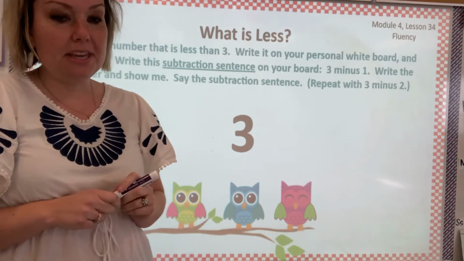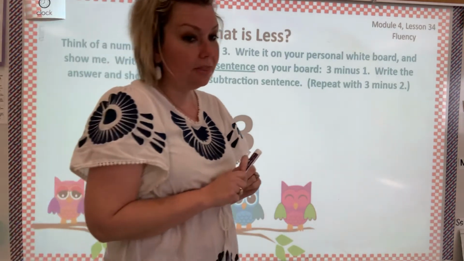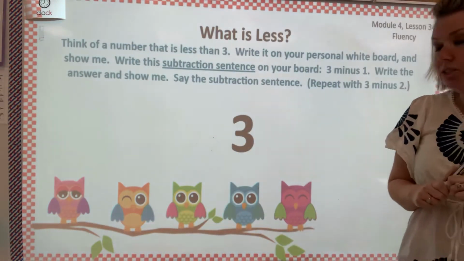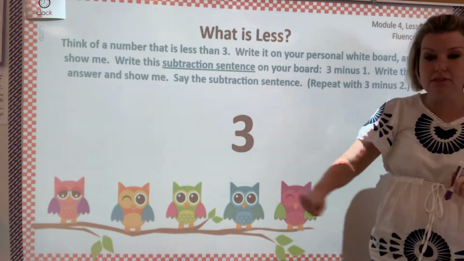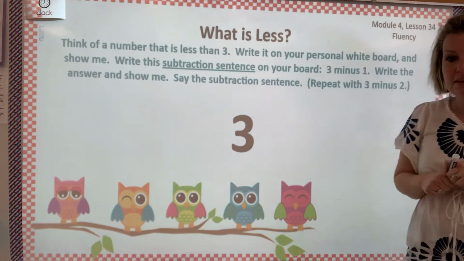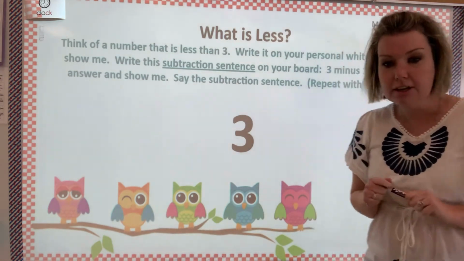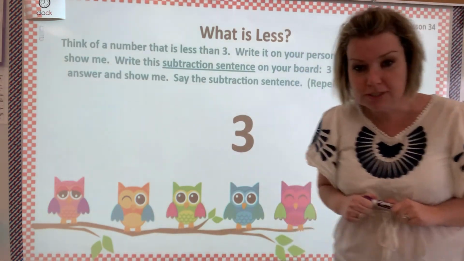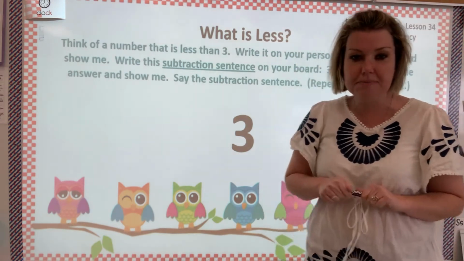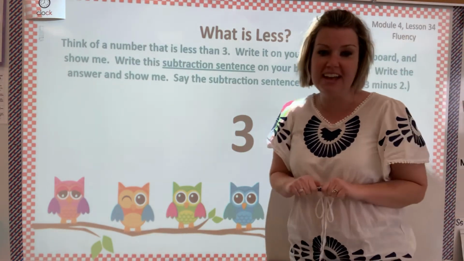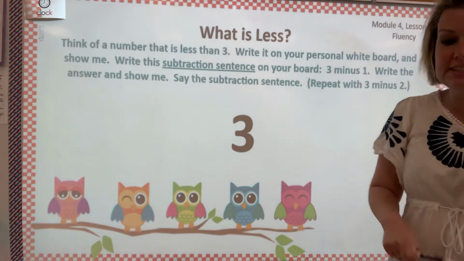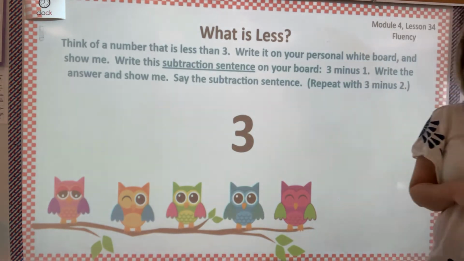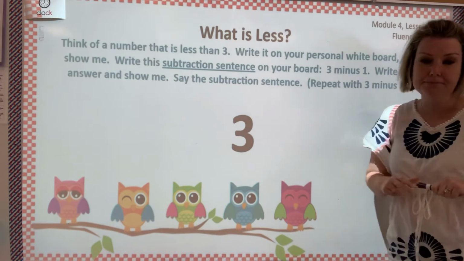Think of a number that is less than or fewer than 3. Erase your whiteboard and write down a number that's smaller than 3 and hold it up. 5, 4, 3, 2, 1, hold it up. All right, very good. Now, write a subtraction sentence using that number and 3.